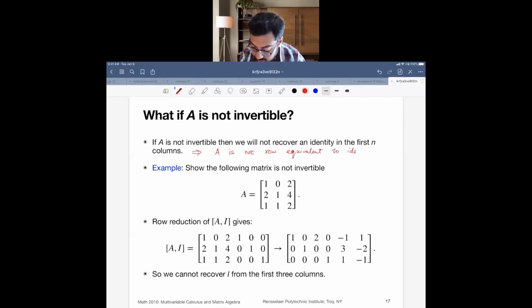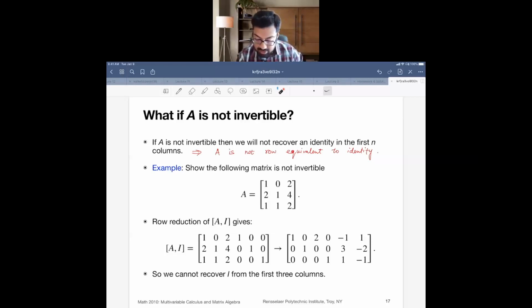And we'll take a look at an example here where that happens. If A is not row equivalent to identity, we know it is not invertible, we know it is singular, we know the homogeneous system will have non-trivial solutions. We know all of that based on the 5 statements.